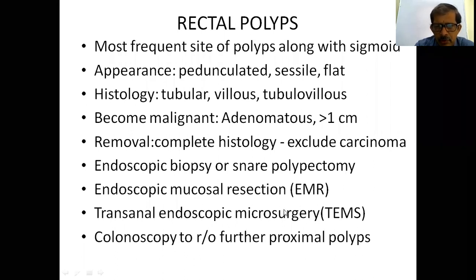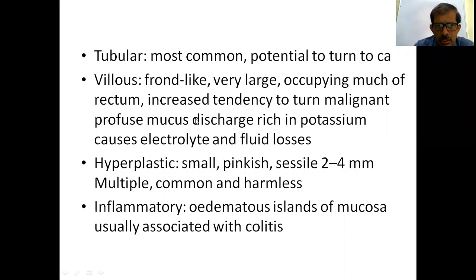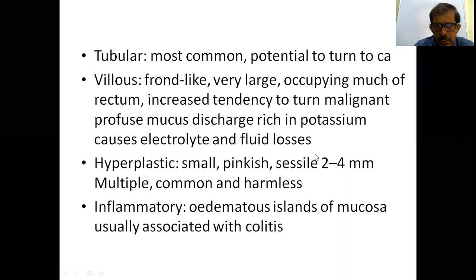This can be done even for early stages of carcinoma of the rectum. Tubular is the most common, whereas villous is the one more prone for malignancy, and it also has the problem of excessive mucous discharge containing potassium. So there may be electrolyte imbalance.